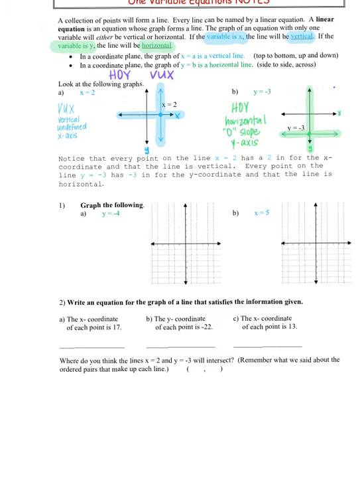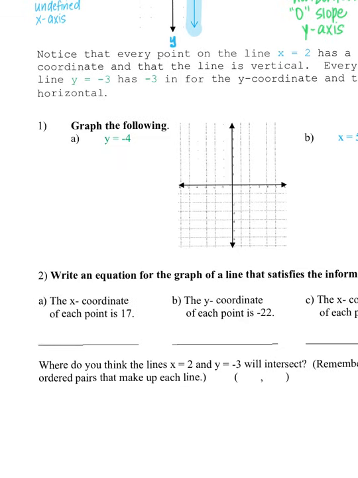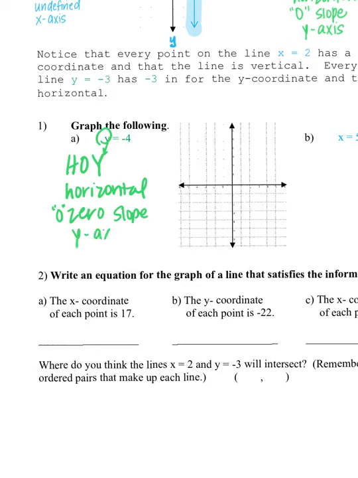So let's look at these two. Graph the following. And we can write down our HOY, H-O-Y, because it's our y. So HOY means I know it's going to be a horizontal line. It's going to have a 0 slope, and the point is going to be on the y-axis.